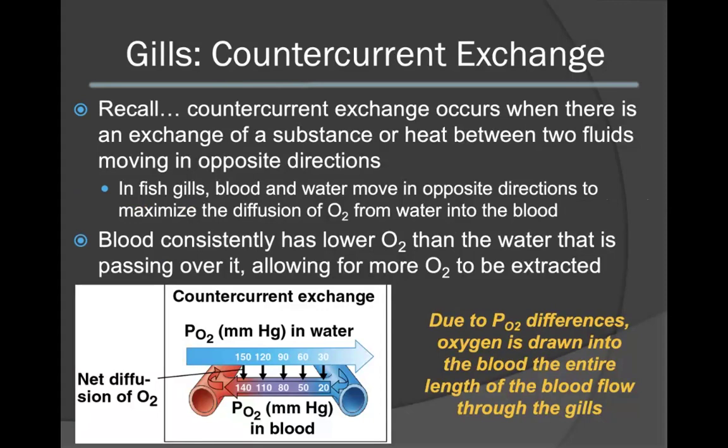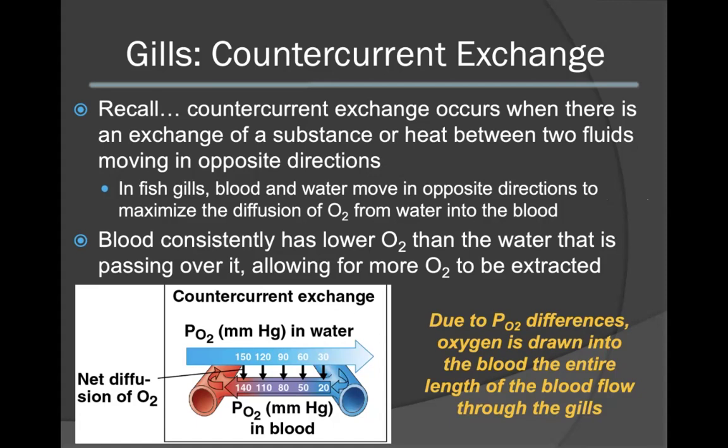If you recall the concept of countercurrent exchange, it occurs when there's exchange of a substance or heat between 2 fluids moving in opposite directions. In fish gills, blood and water move in opposite directions to help maximize the diffusion of oxygen from water and direct the oxygen into the blood.